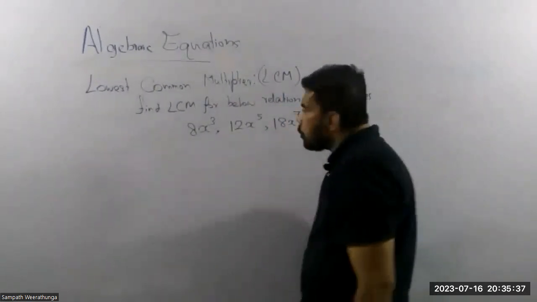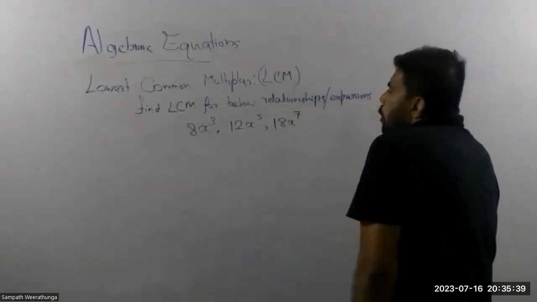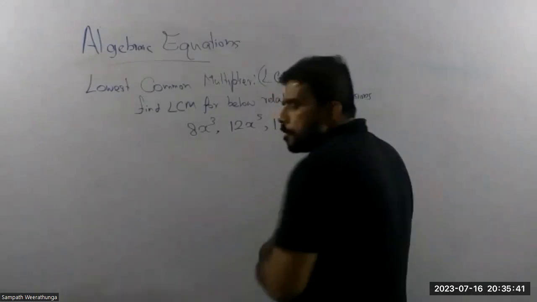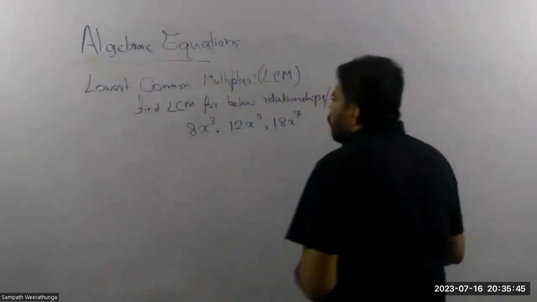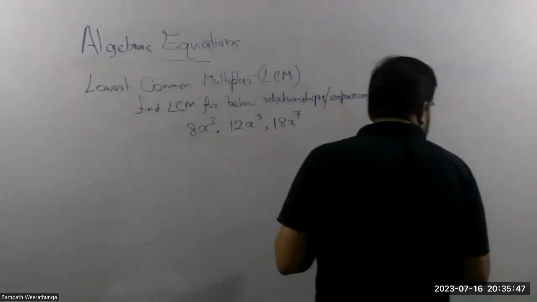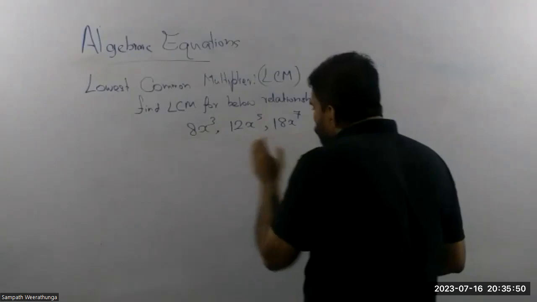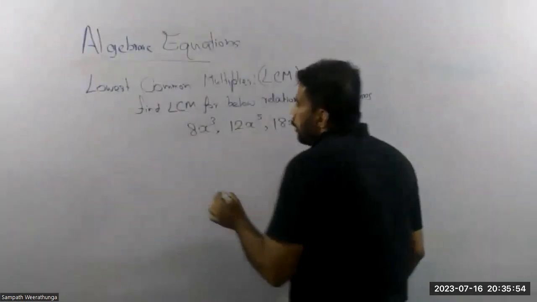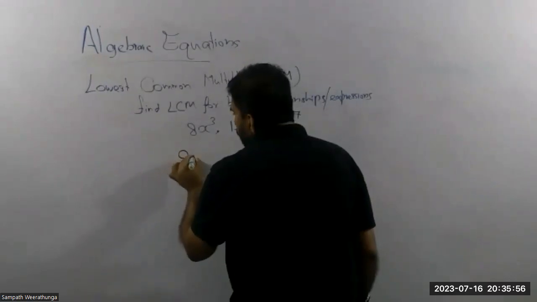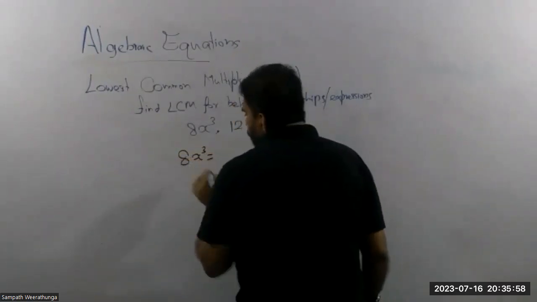We'll factorize in the same way. We try to segregate them into factors, to see how they are built up. 8x^3, I can write as it is.